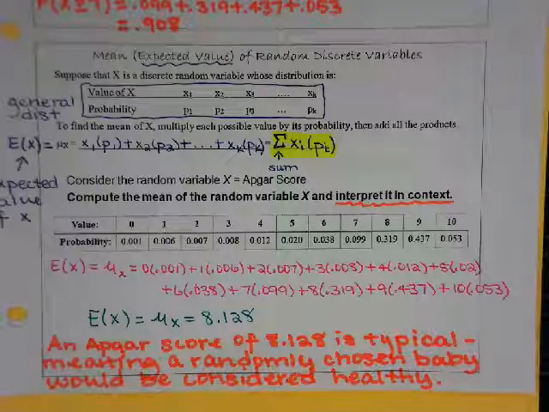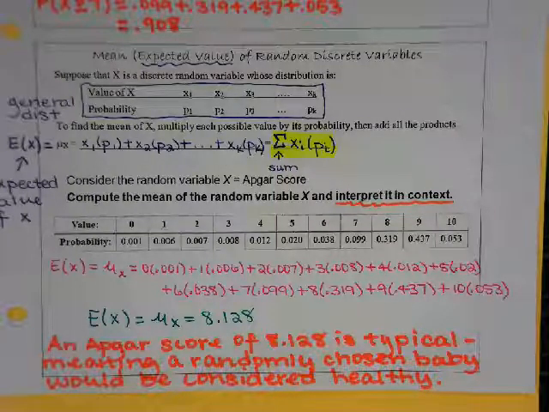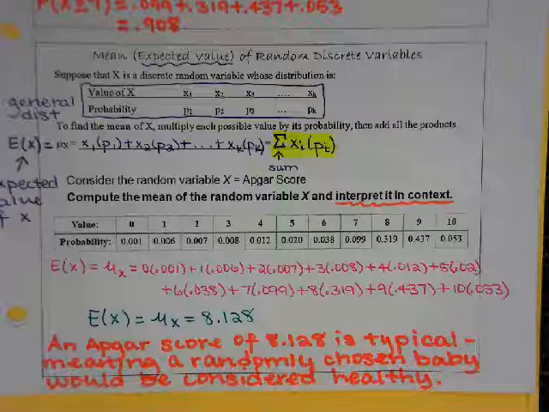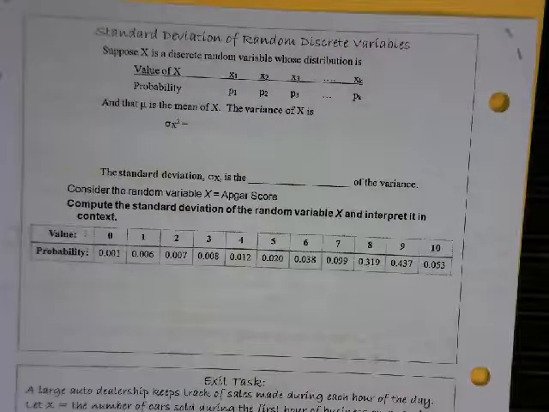So now we're going to look at the standard deviation formula. Again, I'm going to show it to you, and then I'll show you the shortcut. So we have the same general probability distribution where we have variables instead of numbers.